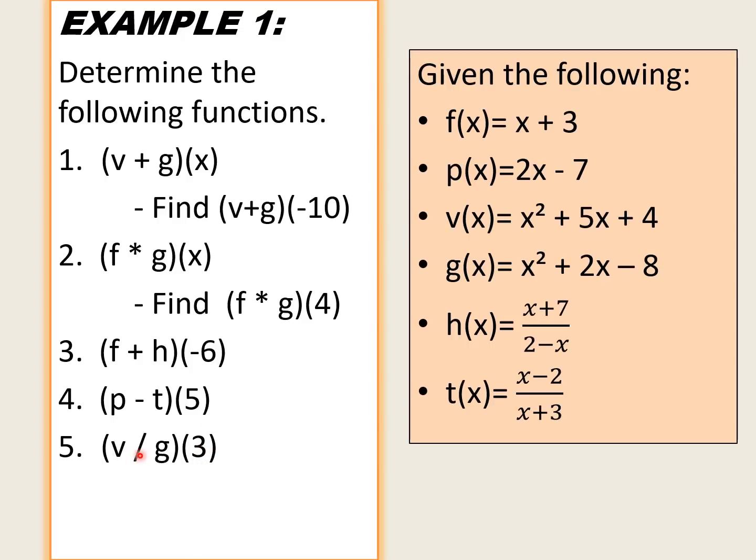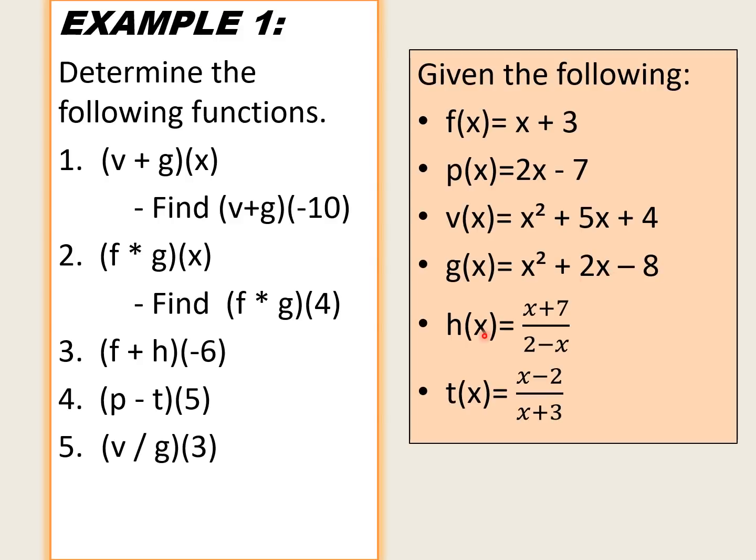Okay? Ano po yung gagamitin nating functions dito or values of functions? Nandito yan sa mismong box natin. Wherein f of x, meron siyang equivalent na or value na x plus 3. Tapos, si p of x naman, we have 2x minus 7. And the value of v of x is x squared plus 5x plus 4. The value of g of x is x squared plus 2x minus 8.